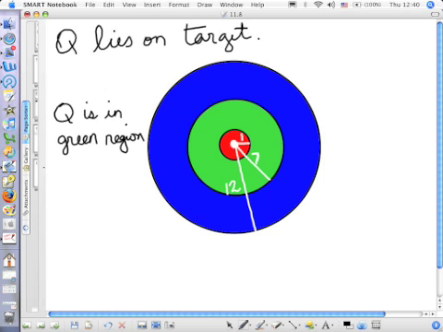Exactly. What we're going to do, because our designated spot that we're trying to figure out is all of this, okay? So I'm going to find the area of the whole thing, which is a circle with a radius of 7. But this part is not green, so I have to remove this part.